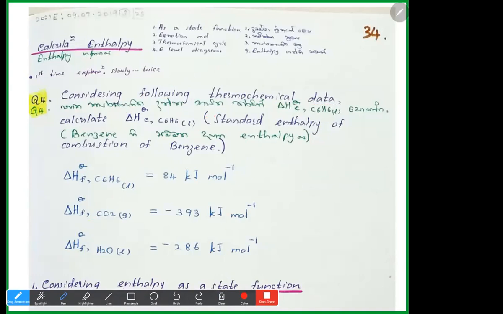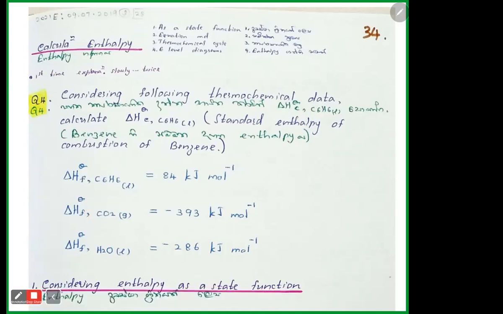They gave 3 data, and all the data are formation enthalpies: the formation enthalpy of liquid benzene, of gaseous carbon dioxide, and of liquid water. These are the only values given.